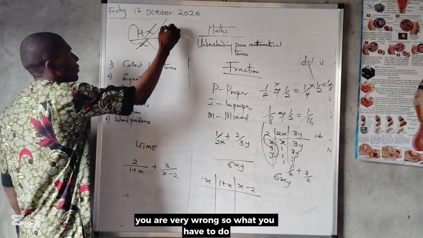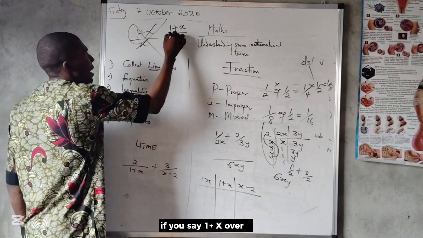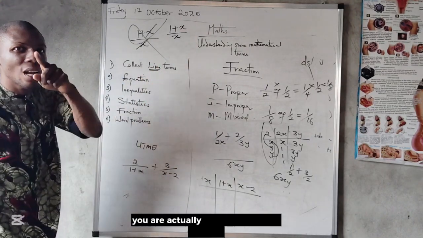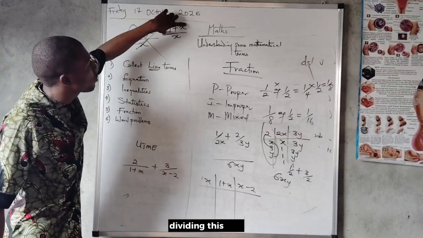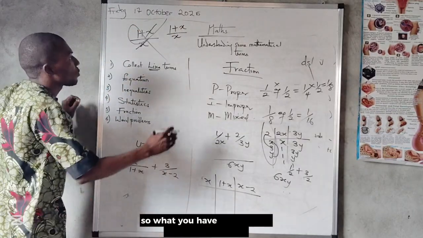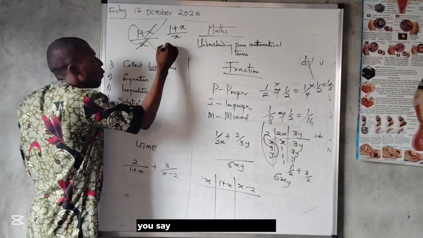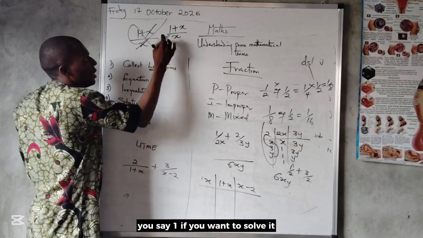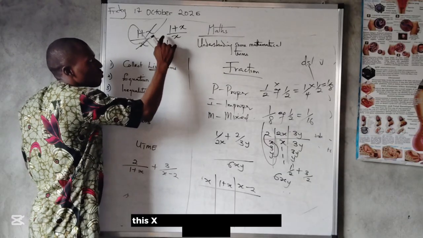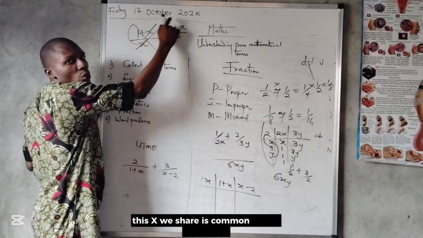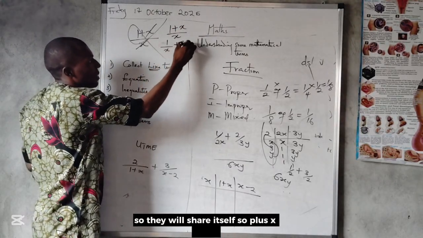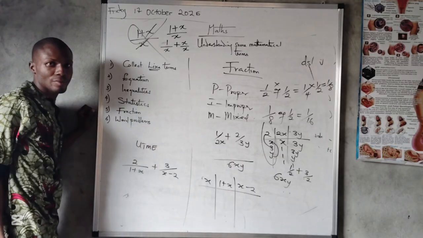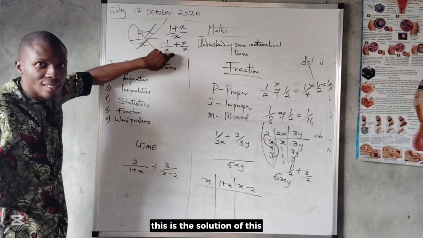If you say 1 plus x over x, you are actually saying that this x is dividing these two. So if you want to separate it, you say 1 plus x. This x is common within these two, so they will share itself. So plus x over x. This is the solution of this.